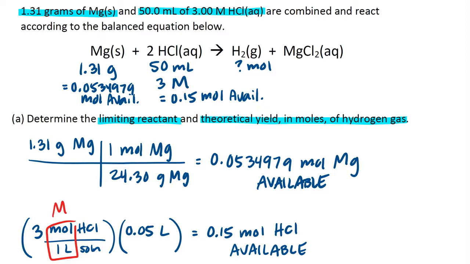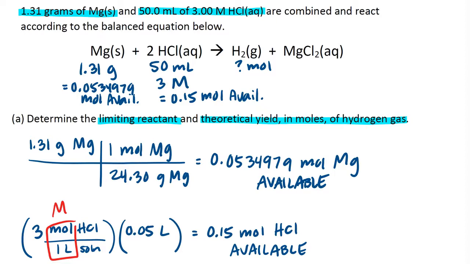Some of us are going to want to calculate the amount of hydrochloric acid needed for the reaction and compare it to the amount available. Some of us are going to solve for moles of hydrogen using magnesium first, and then repeat and solve for moles of hydrogen using the hydrochloric acid.